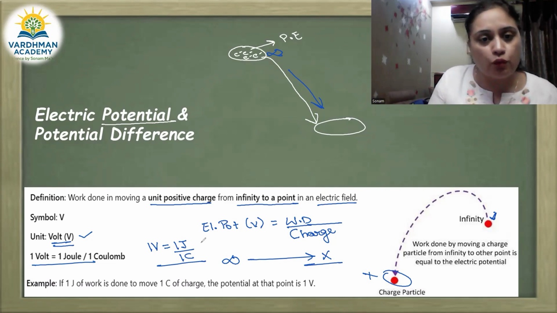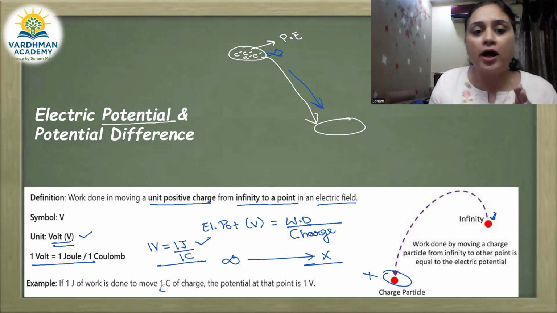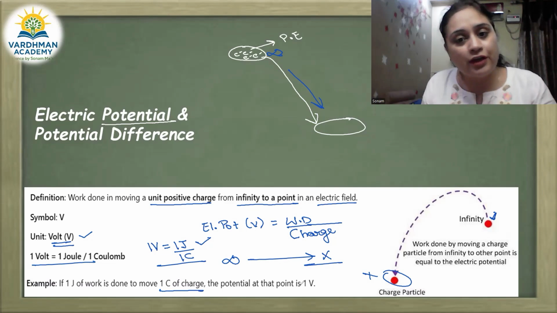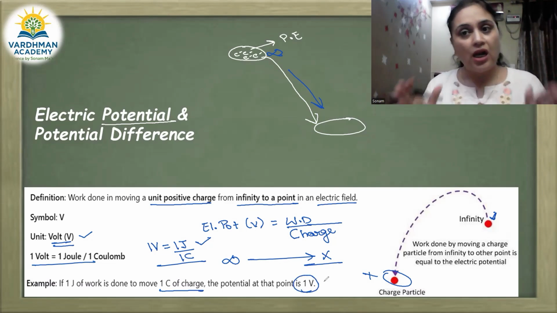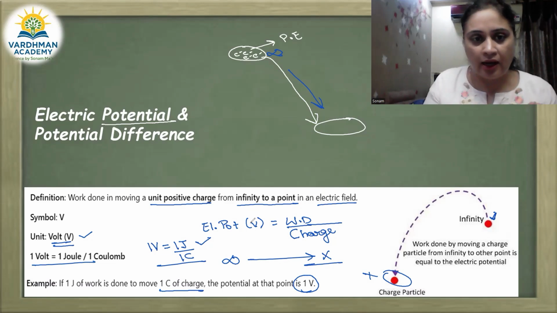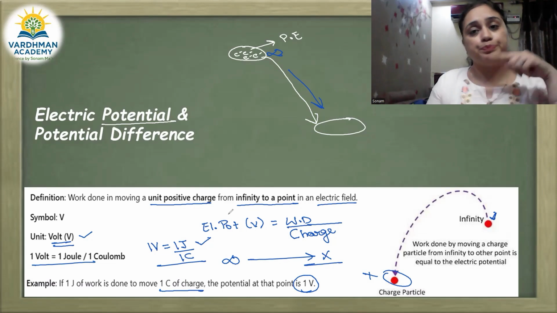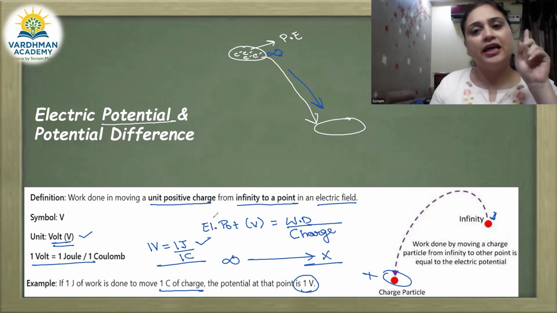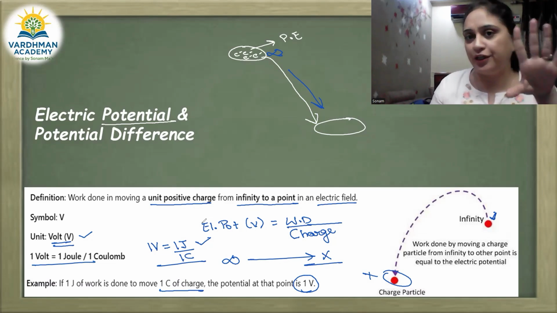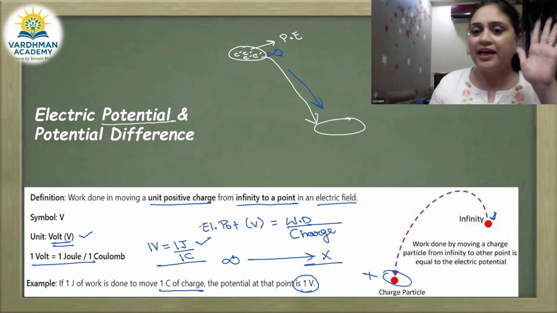If 1 joule of work is done to move 1 coulomb of charge, then we say that at that point the potential will be 1 volt. अगर 1 joule of work किया जा रहा है to move 1 coulomb of charge from infinity to that point, then the electric potential will be 1 volt, right children?